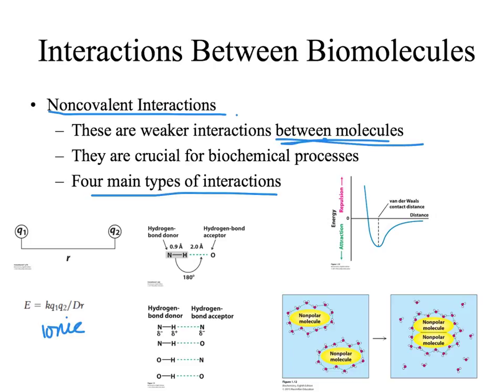Okay. And these ionic interactions, the charged group on one molecule can attract an oppositely charged group on the same molecule or on another molecule. The energy of this particular interaction or bond is going to be dictated by Coulomb's law. Coulomb's energy.